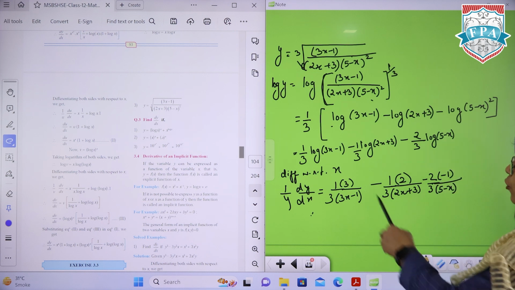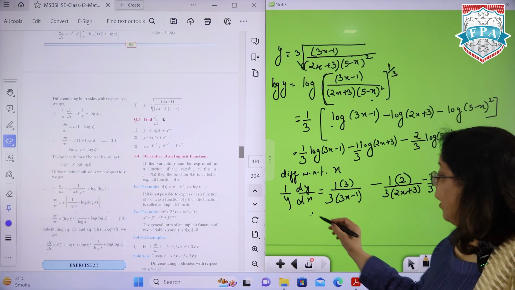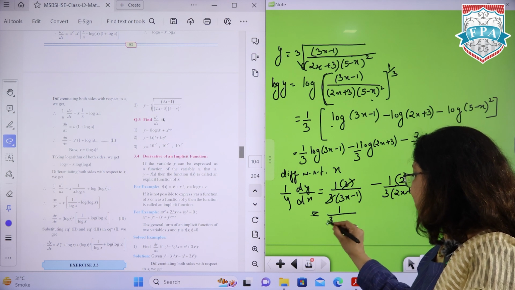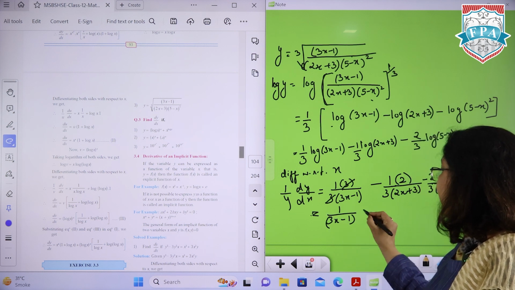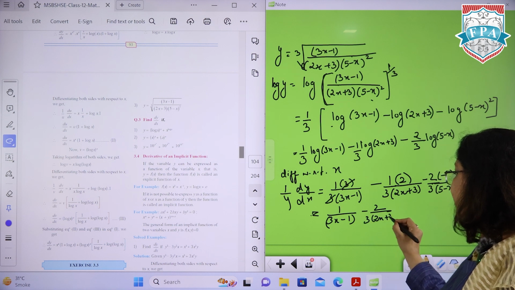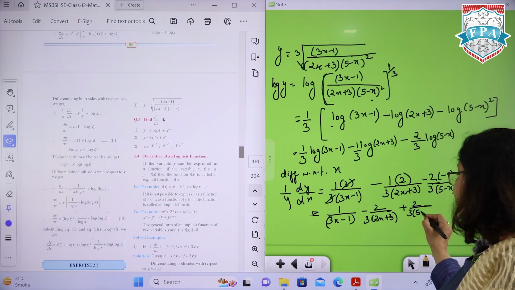See, I'm using a bracket over here so that there's no confusion of sign. Now the final answer, 3 is getting cancelled. It's 1 upon (3x minus 1) minus 2 by 3 (2x plus 3) plus 2 by 3 (5 minus x).